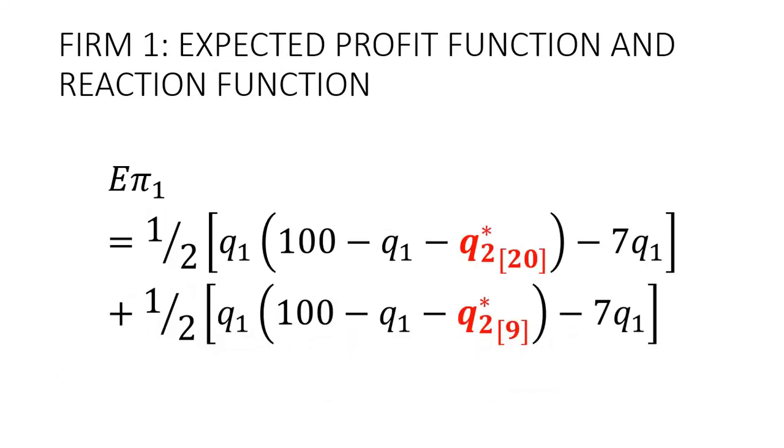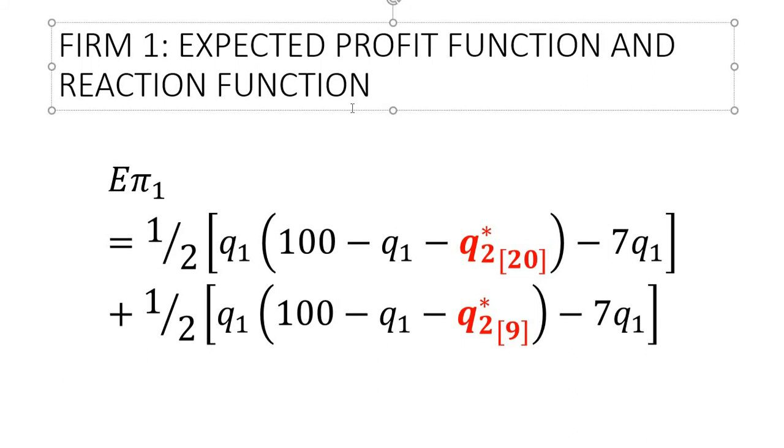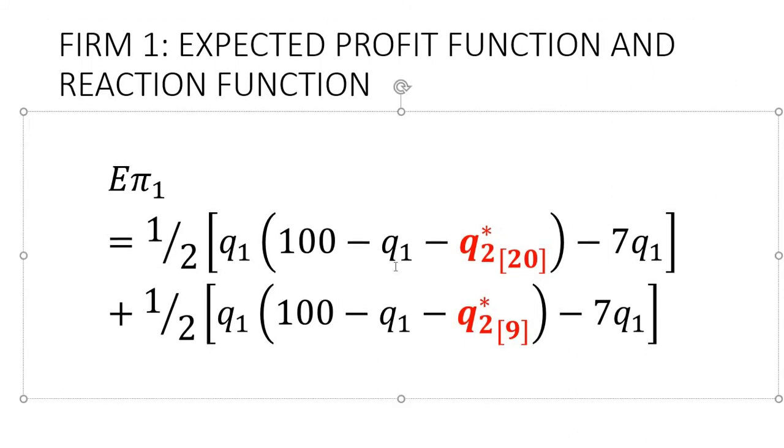And in this case, we can depict the expected profit function of the first firm in the following way. In case marginal cost is equal to 20 and the probability of this is 1/2, then we calculate profit corresponding to this state of the world as Q1(100 - Q1 - Q2), where Q2 is the quantity of the second firm if its marginal cost is equal to 20, minus 7 times Q1.